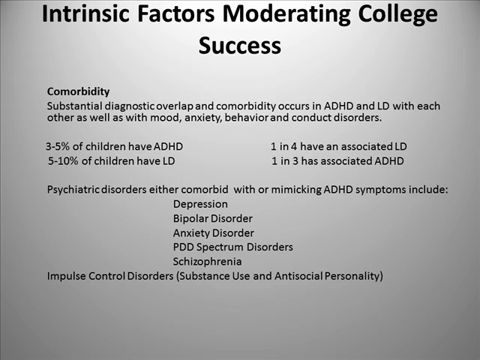Dropout rates are high. The probability of repeating a grade is extremely high. So we're not talking about the underachievement that coexists with ADHD. We're talking about an actual LD diagnosis coexisting with it. Of the children diagnosed with LD, 1 in 3 are going to have coexisting ADHD.